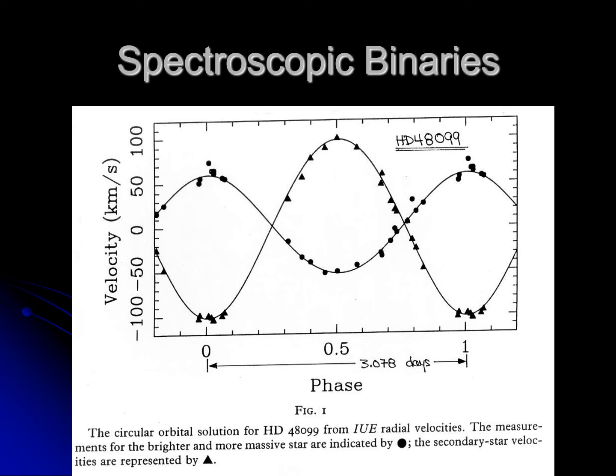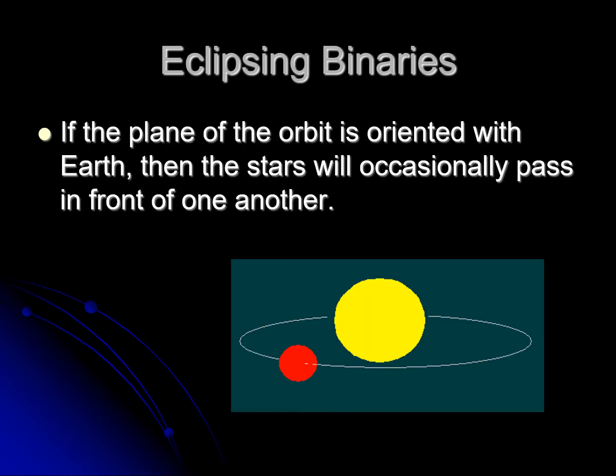You can figure out how much one's moving compared to the other, and that tells you how much mass is in one star versus the other. Using Kepler's third law as Newton revised it allows us to find the total mass, and then you can say that 1/3 of that mass is in one star and 2/3 is in the other, so now we know how much mass each star has.